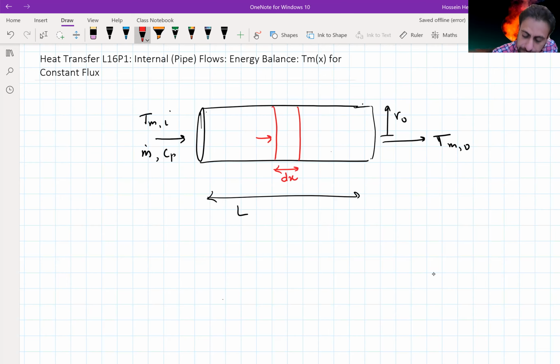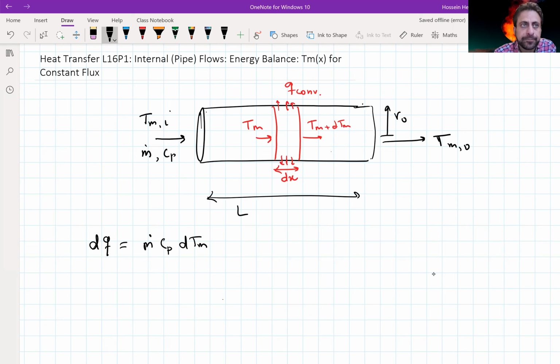Now, if I take a small element of this pipe, dx, the fluid comes in with the mean temperature of Tm, and goes out with Tm plus dTm, the change of temperature, and there is convection at the surface of this wall, q convection. For this small element, the change of the energy for the fluid that is flowing is going to be m dot cp dTm.